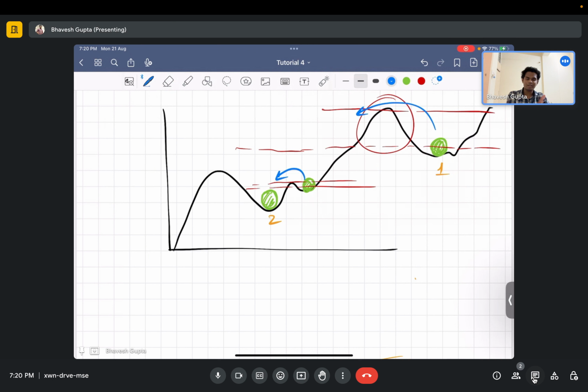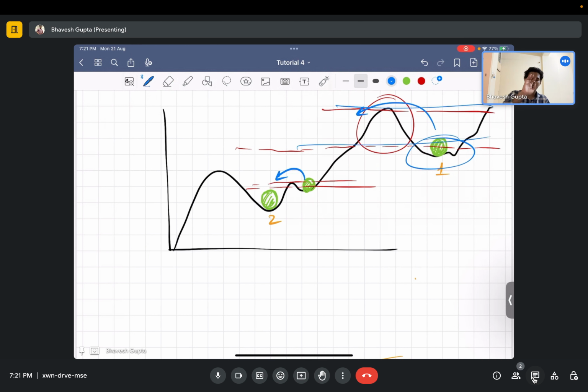So in this particular kind of problem, you can see you are interested only in local maxima. You're not interested in local minima, because the problem is such that it automatically finds my minima. The problem is that the ball gets stuck at this local minima because of this barrier. So I have to disturb my ball.